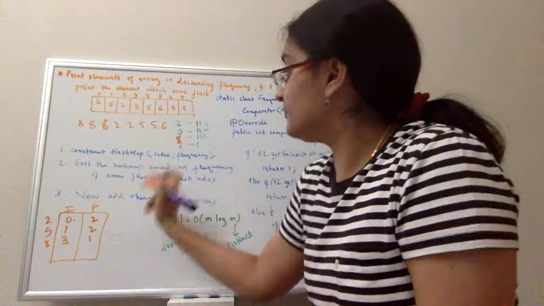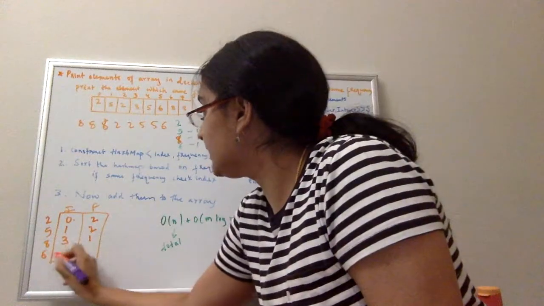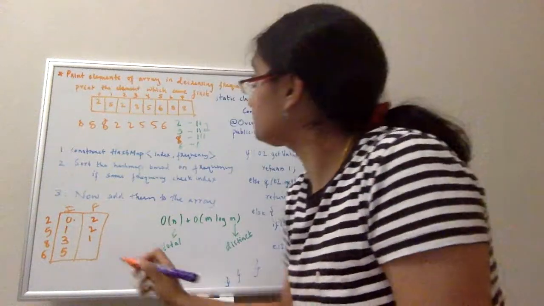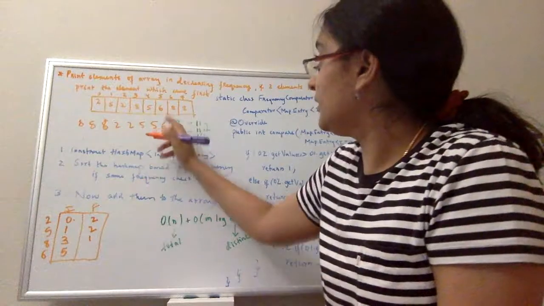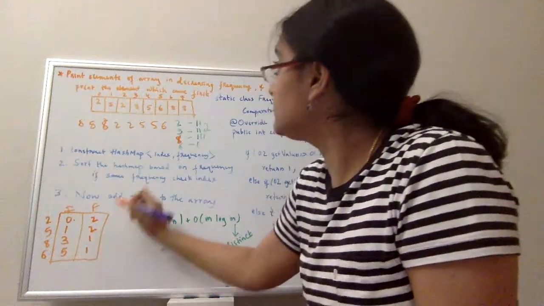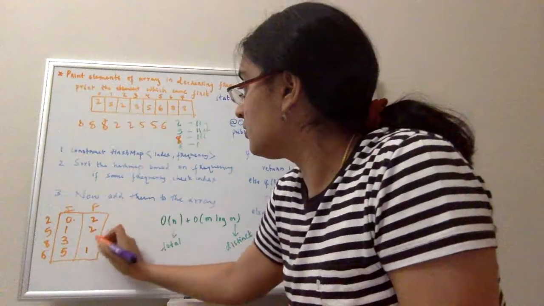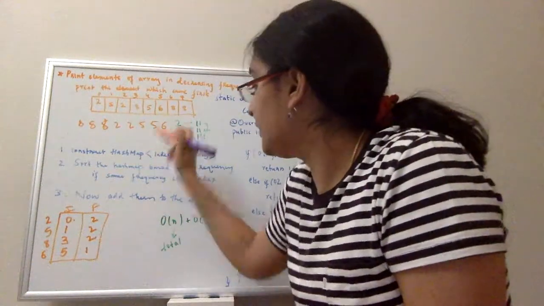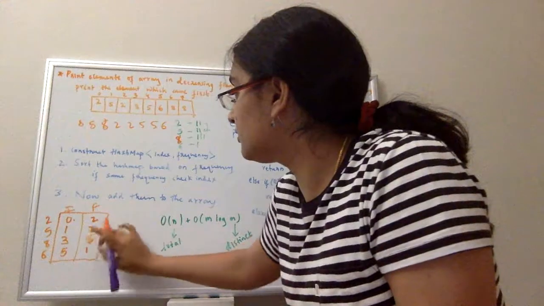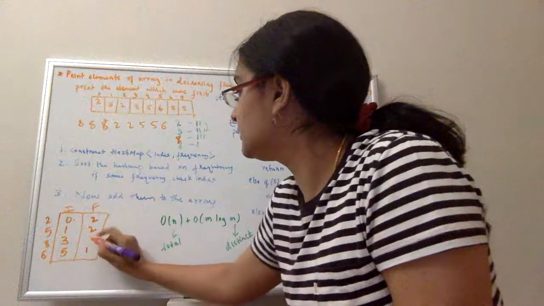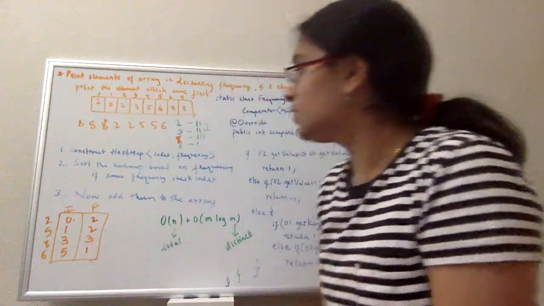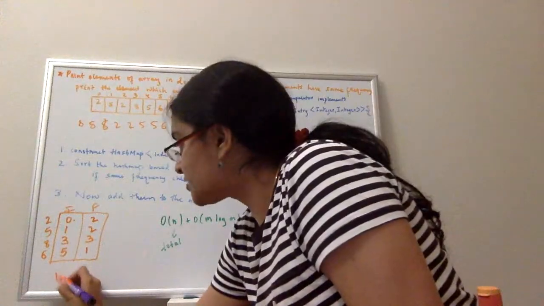And we have 6 at index 5, and it has occurred once. And 8 at index 2, and again 8, so it has occurred 3 times. So this is my hash map.